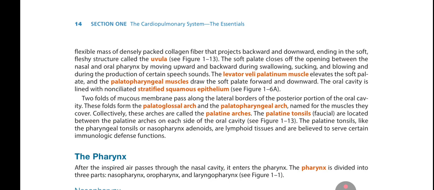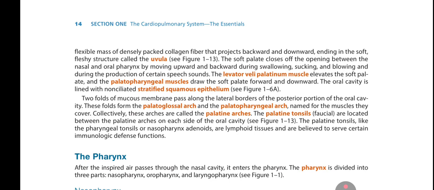When we swallow, it closes and moves upwards, remember, sucking and blowing. The main muscle responsible for that is our levator veli palatini muscle. It elevates the soft palate. Then we have pharyngeal muscles, which draw the soft palate forward and downward back to its position.